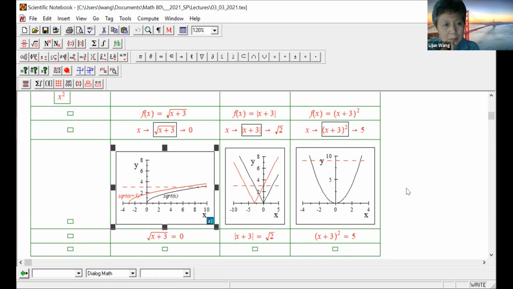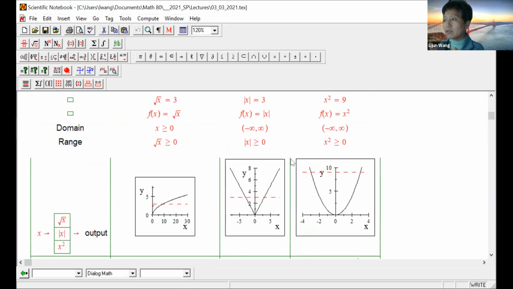Brianna. It's shifted to the left, right? Do you guys see that? Devin, is it shifted to the left or to the right? Left. Very good.